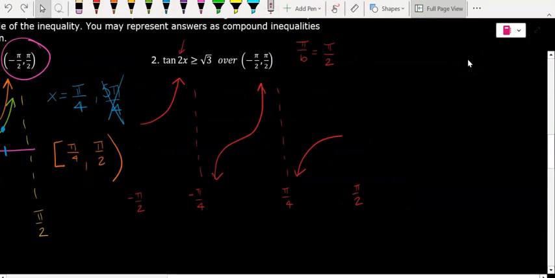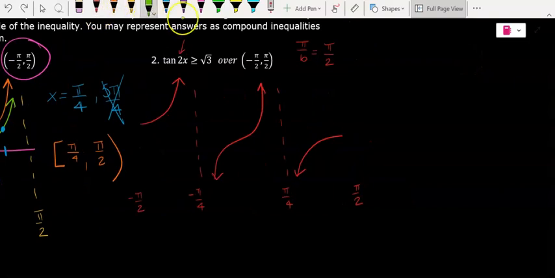So when I go ahead and solve this, I've got tangent 2x is greater than or equal to the square root of 3. Remember, in order to do this, I isolate my trig function, and then I can do my inverse. So it's isolated now, so I can go ahead and inverse this.